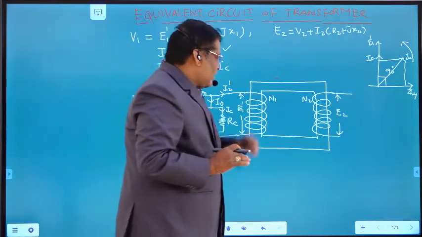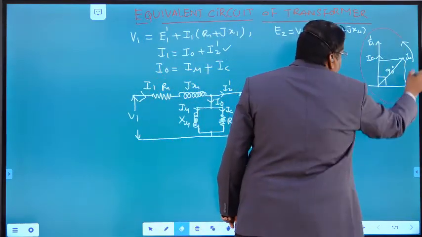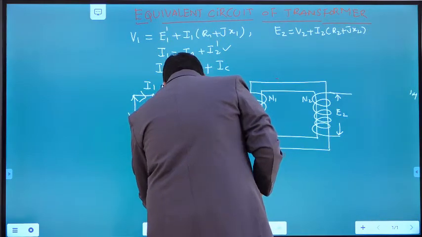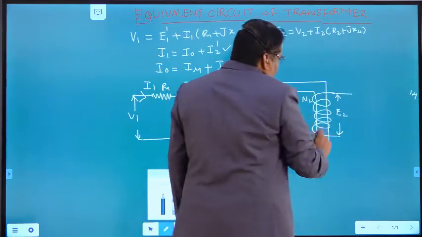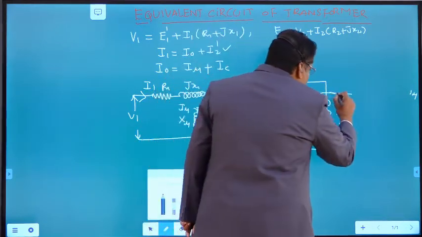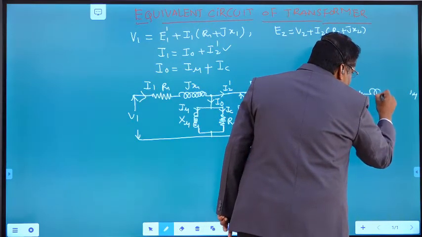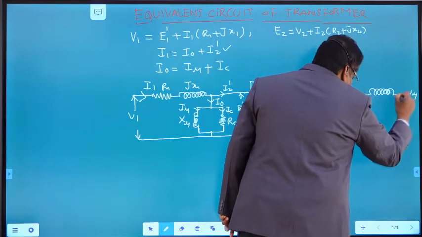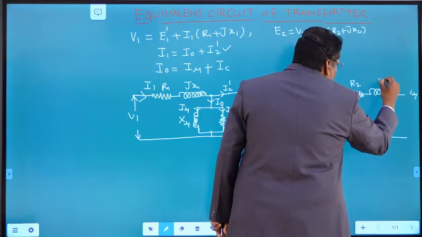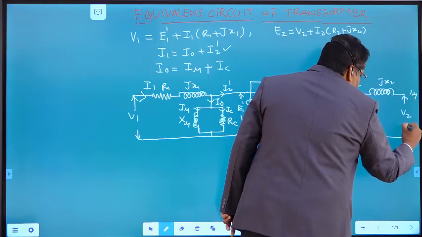Now come to the secondary side. The secondary, similar to the primary, has a resistance. The winding has a resistance as well as a leakage reactance. This is R2, this is jX2, and this is V2.